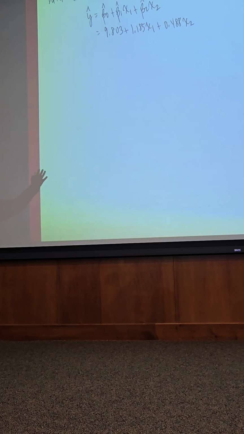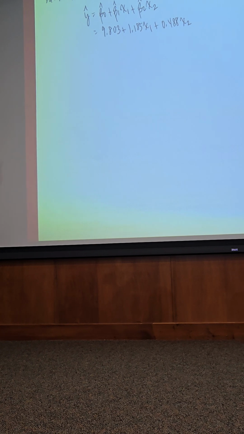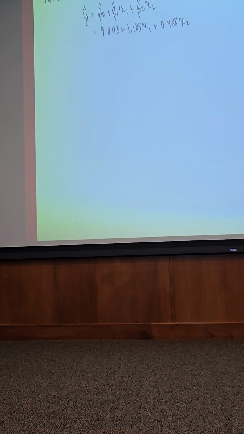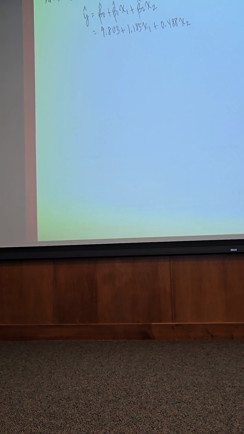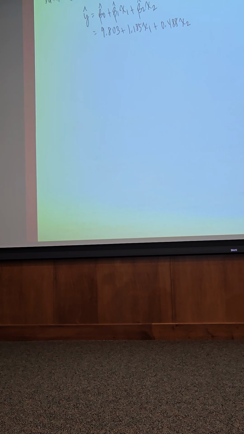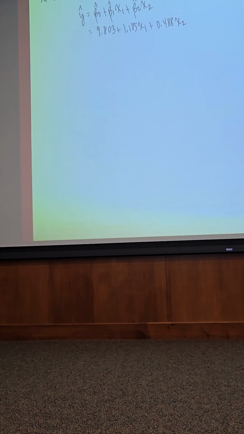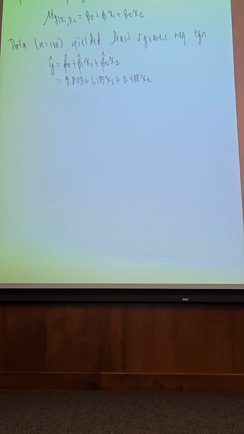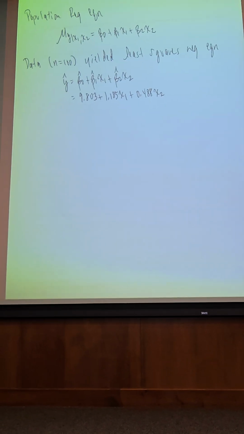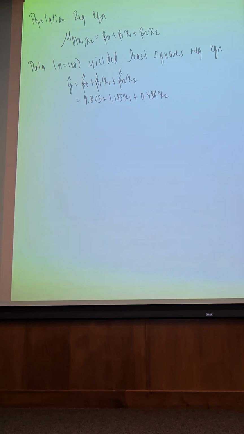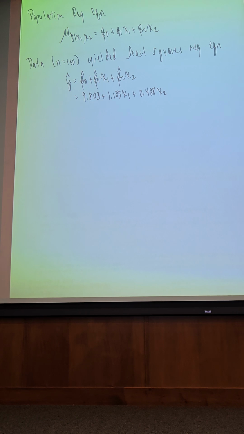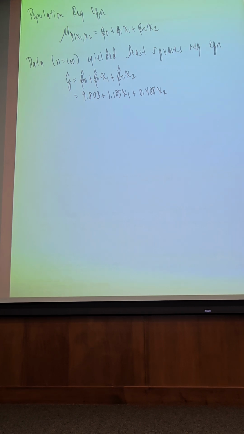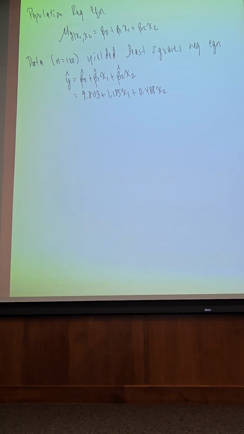The population regression equation would be the equation that I ended up with if I had data on all premature babies that were born in the world. There'd be millions of premature babies. If I collected data on all of them and made a scatter plot in 3-dimensional space and fit the plane through it, that would be my population regression equation.